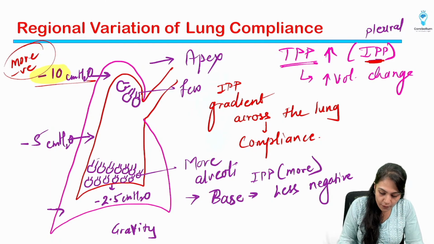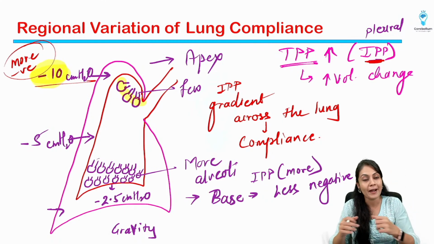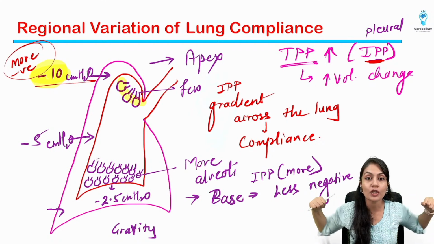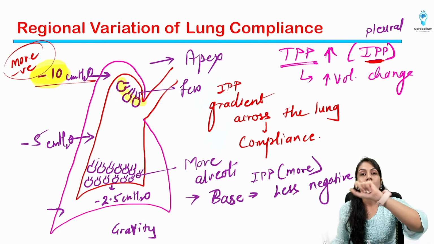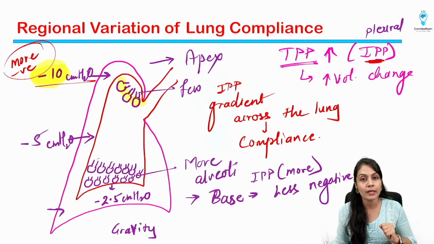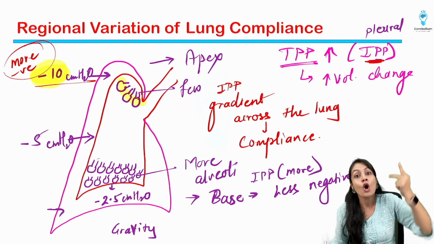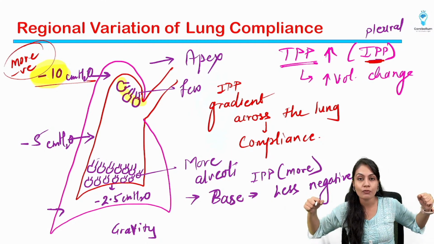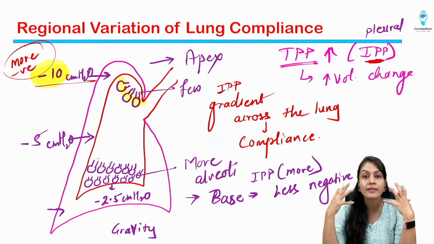See over here, few alveoli are having the suction pressure which is minus 10. The force which is applied on these alveoli is going to be much more per unit area of the alveoli, right? Because fewer alveoli are there, first reason. More suction pressure is applied over there. That means these alveoli are going to get stretched more forcefully.